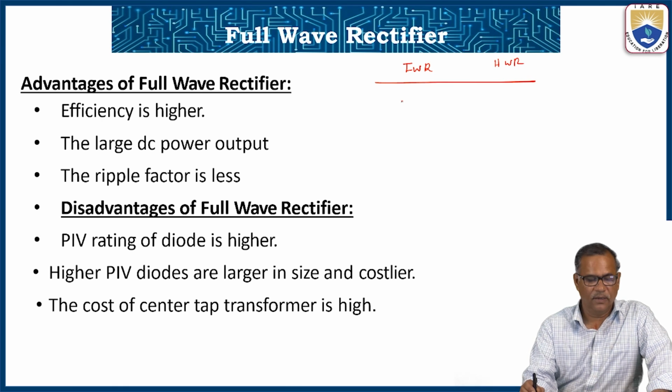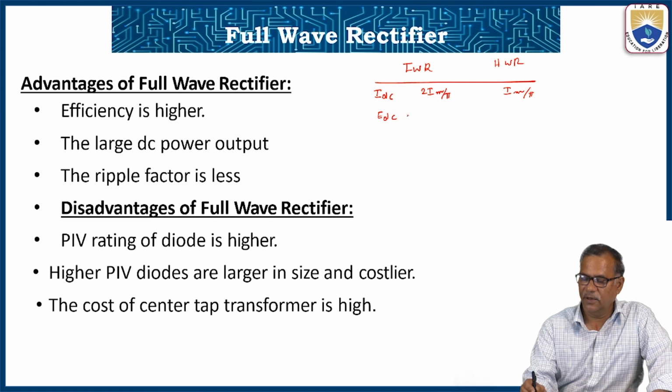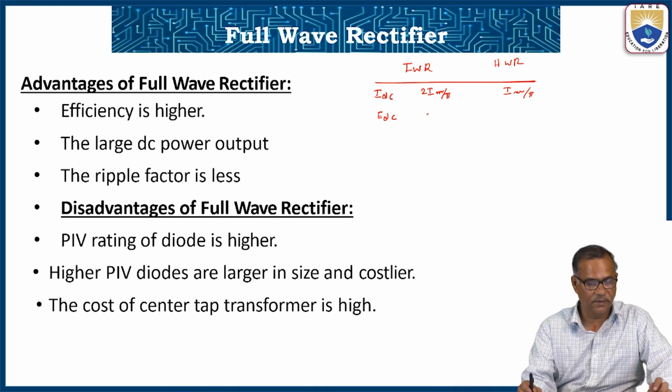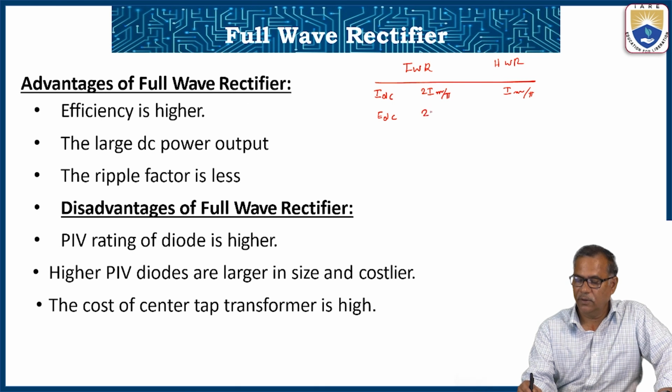If you see the average DC current, the IDC value is 2 Im by pi, whereas it is Im by pi for the half wave. The DC value of load current is 2 Vm by pi for the full wave rectifier, whereas here it is Vm by pi.